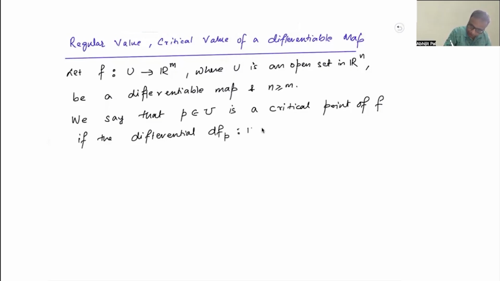So this will be defined from Rn to Rm, is not a surjective map.